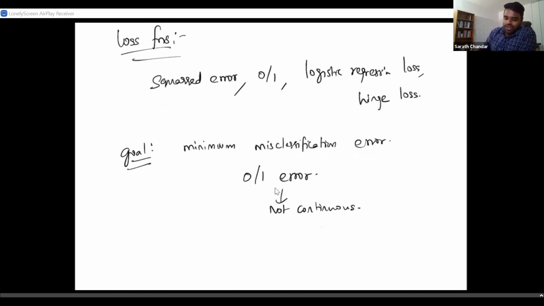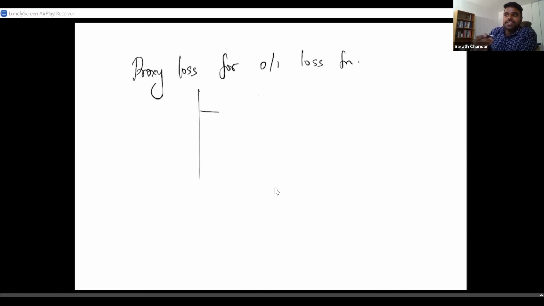So what different algorithms are trying to do is to come up with a proxy loss for the 0, 1 loss function. Now, in the case of logistic regression, the proxy loss is logistic regression loss. In the case of SVMs, the proxy loss is hinge loss.